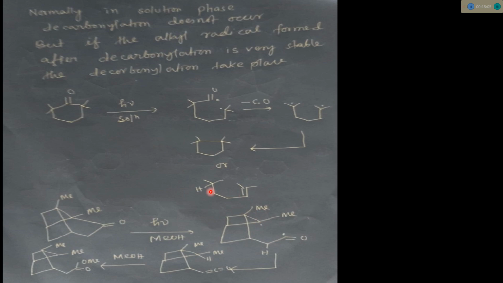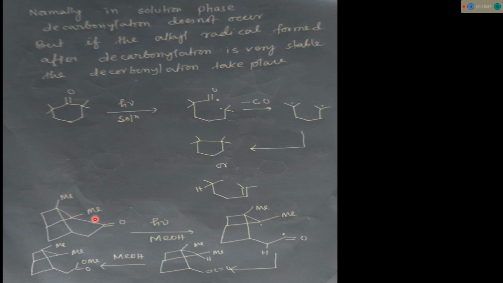For some extra information, I put another example, because this example was already asked in the question. This type of question may be asked in the upcoming exam. So this is also a cyclic ketone. If you use light in place of methanol, then first this bond will break, because if this bond breaks, then a stable 3-degree radical will form. If this bond breaks first, then a primary radical will form.